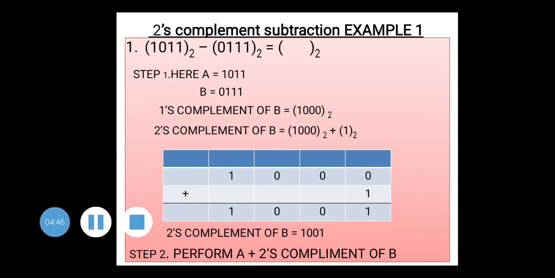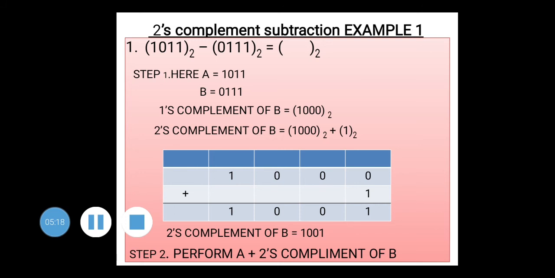The second step is to find the 2's complement of B. I first find the 1's complement of B, that is 1000, and the 2's complement of B is 1000 plus 1. After addition you get 1001. So the 2's complement of B is 1001.